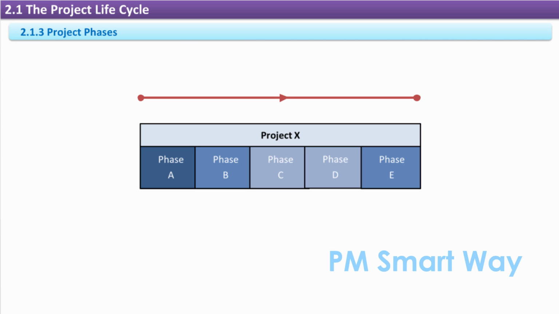This phase end represents a natural point to reassess the effort underway and to change or terminate the project if necessary. These points are referred to as phase exits, milestones, phase gates, decision gates, stage gates, or kill points.